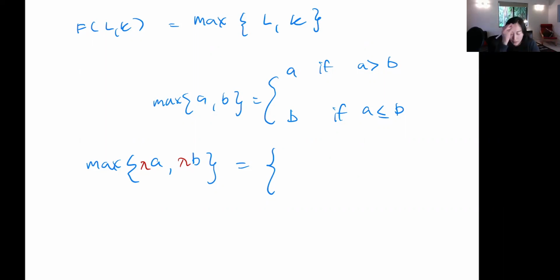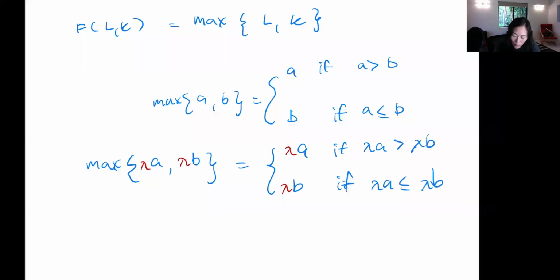So in this case, if lambda is positive, this is going to be equal to lambda A, and this is going to be equal to lambda B, if lambda A is greater than lambda B, or if lambda A is smaller than or equal to lambda B. Because lambda is non-zero, we can reduce to this.